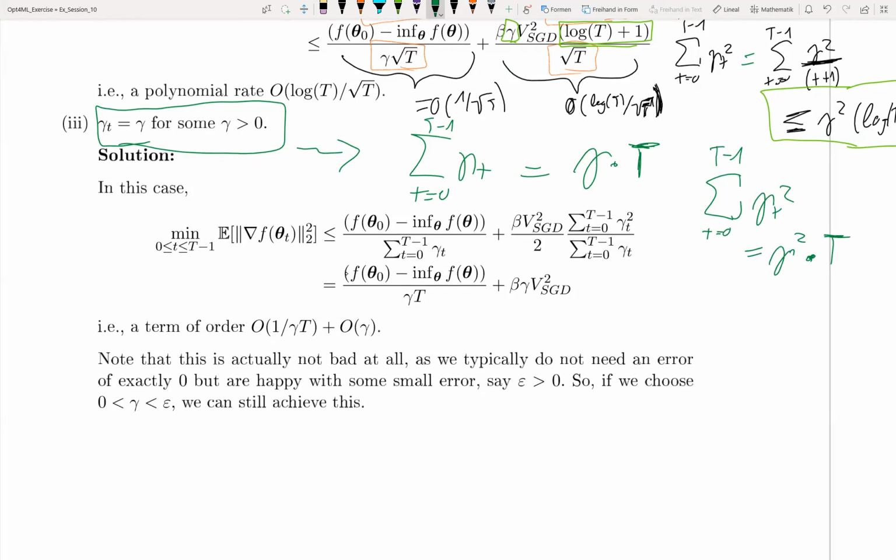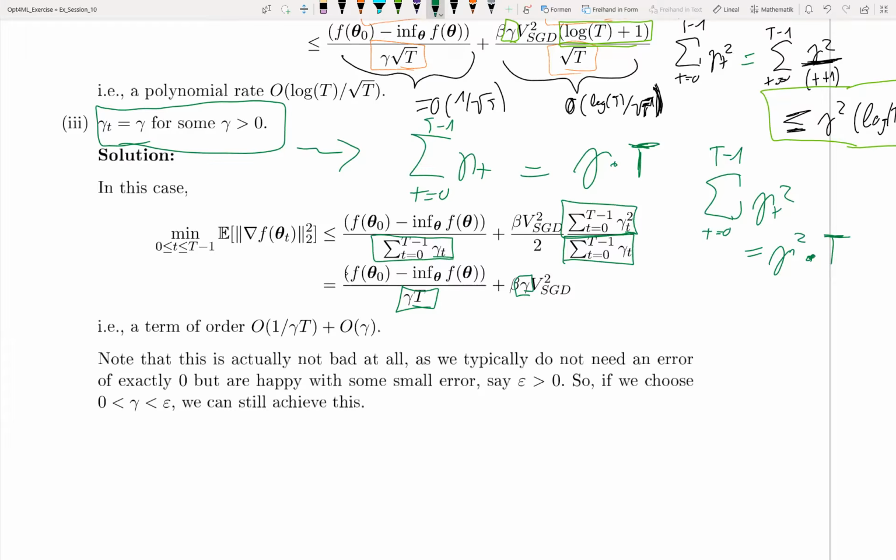So with this, we can see the sum over the step sizes is gamma times t. Here we get gamma squared times t. Here we get gamma times t. The t's are canceling out, and we are left with gamma here.